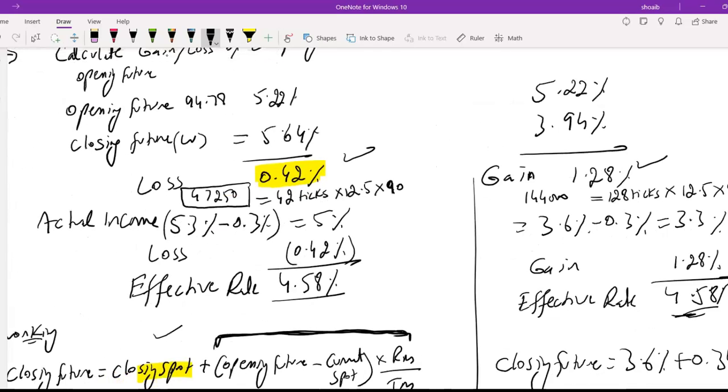Okay. And how to convert this 5% into absolute amount? This is easy. Loan amount into 5% into 5/12. What is 5/12? Sorry, it's the duration.